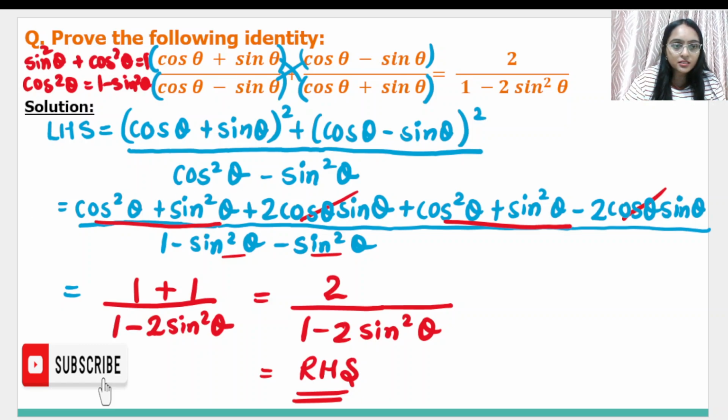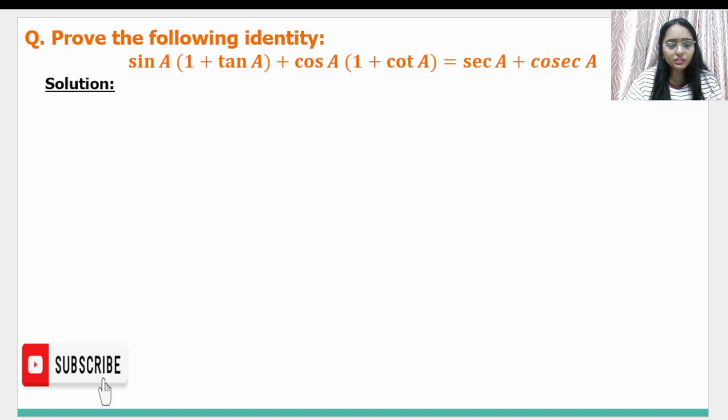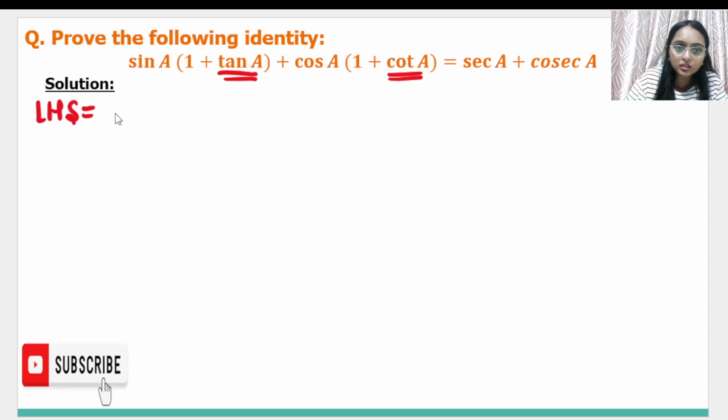Now let's see the next question. Again you have to prove the following identity. So we will just take left hand side first. Here you have sin A and tan A, cos A, cot A. So let's first convert this tan A, cot A into sin and cos.